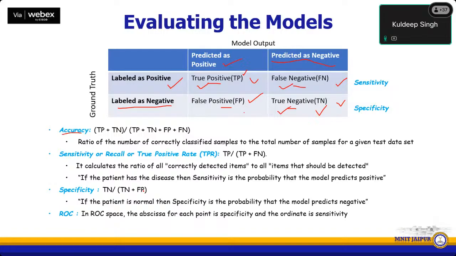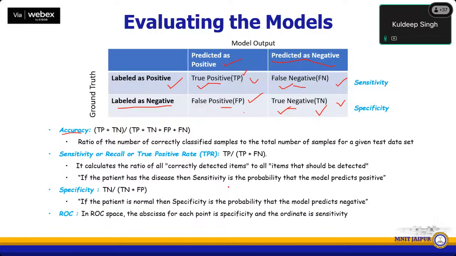So specificity basically tells you that if the patient is normal, then it's the probability that the model predicts it negative. And sensitivity is basically the probability that if the patient has the disease, the model predicts it as positive.